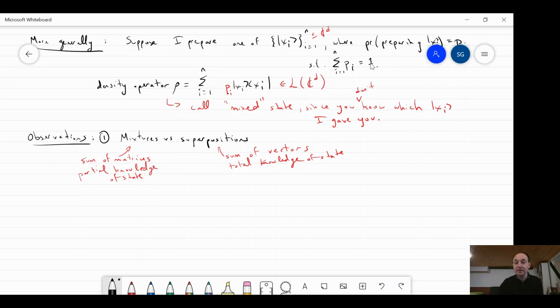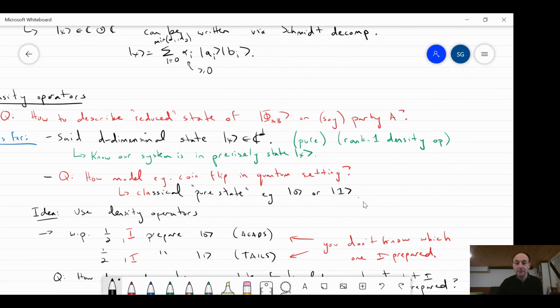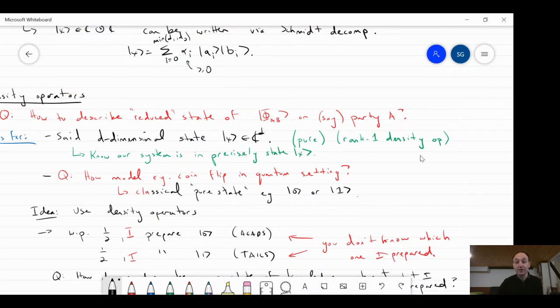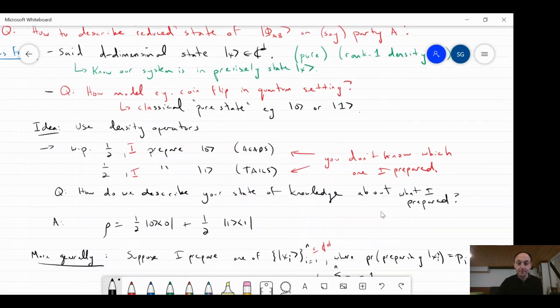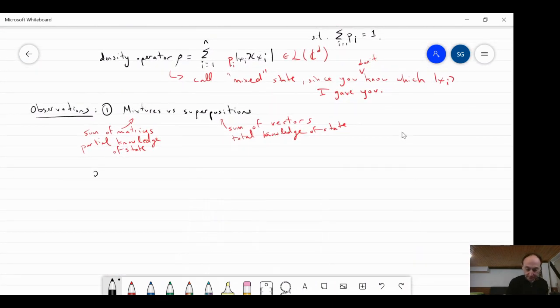I made a comment above that a pure state is a rank 1 density operator, so let me clarify what I mean by that. Okay, pure states.